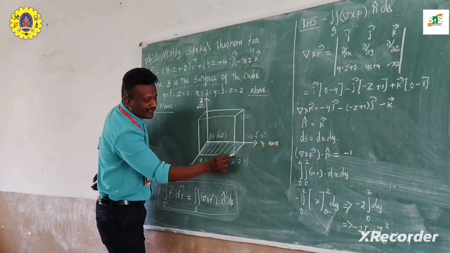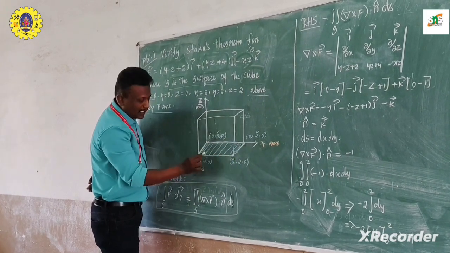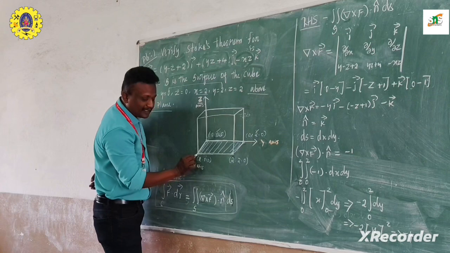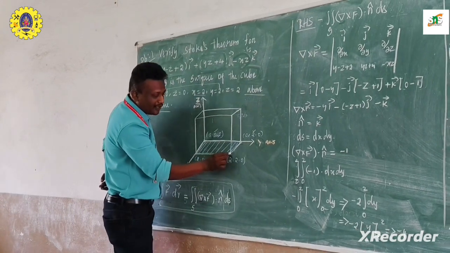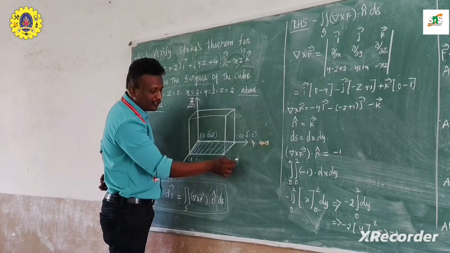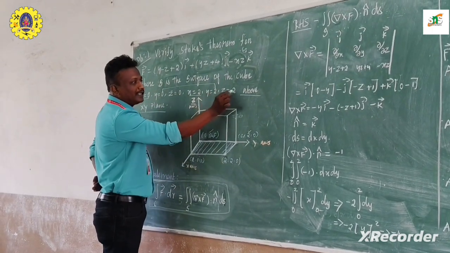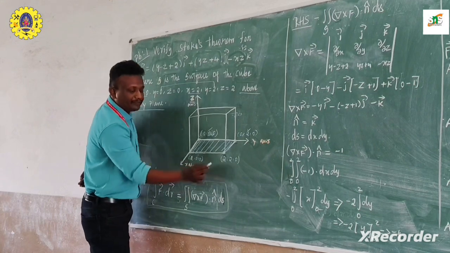Now let us fix this point. This is the line from the y-axis and this is the line from the x-axis. Here we will have only the xy point, and z will be 0. So x equal to 2 and y equal to 2, then z equal to 0 this time.